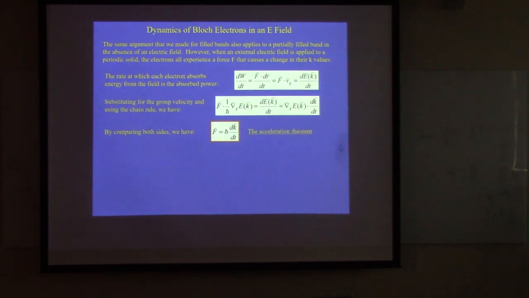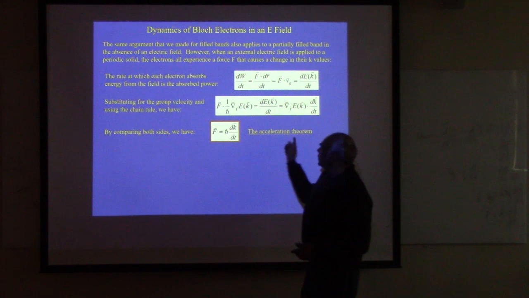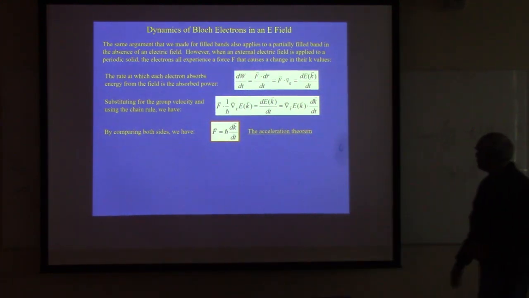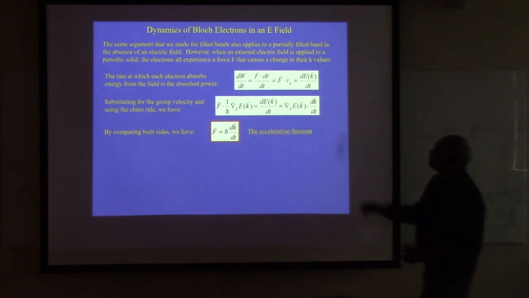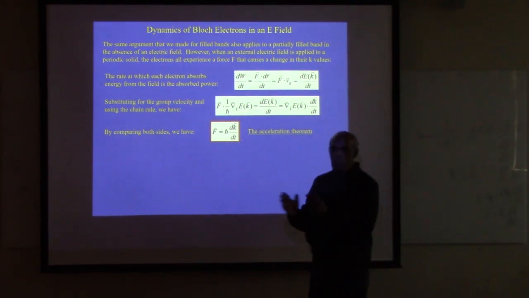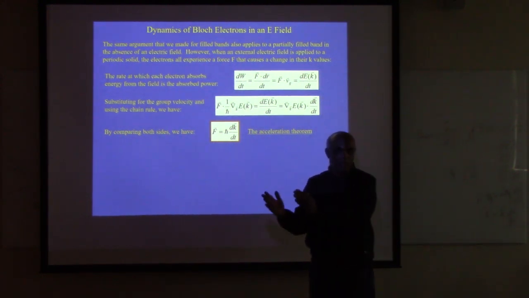You can follow the derivation. F is given by h cross dk over dt. This is the acceleration theorem. Derivation is simple, right? You can follow through this one. So you can now use this equation to calculate how k changes with time. That's what we want, right?